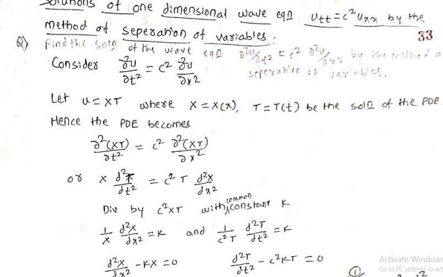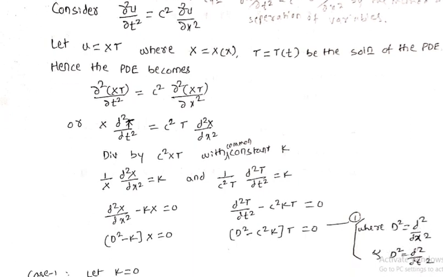Then we divide both sides by c square X T, and also use a common constant k. Dividing the left hand side by c square XT, X and X cancel out, and the remaining term is 1 divided by c square T into d square T by dt square, equal to the common constant k.